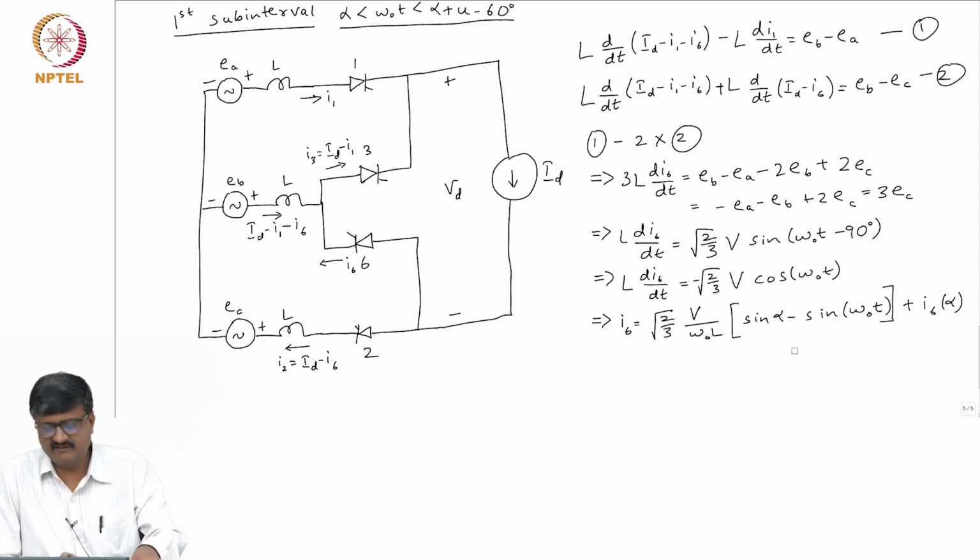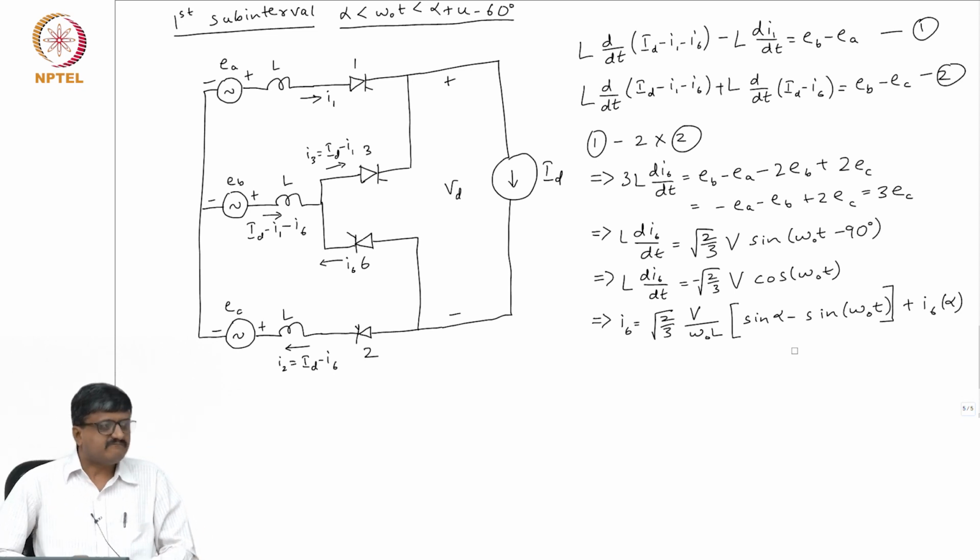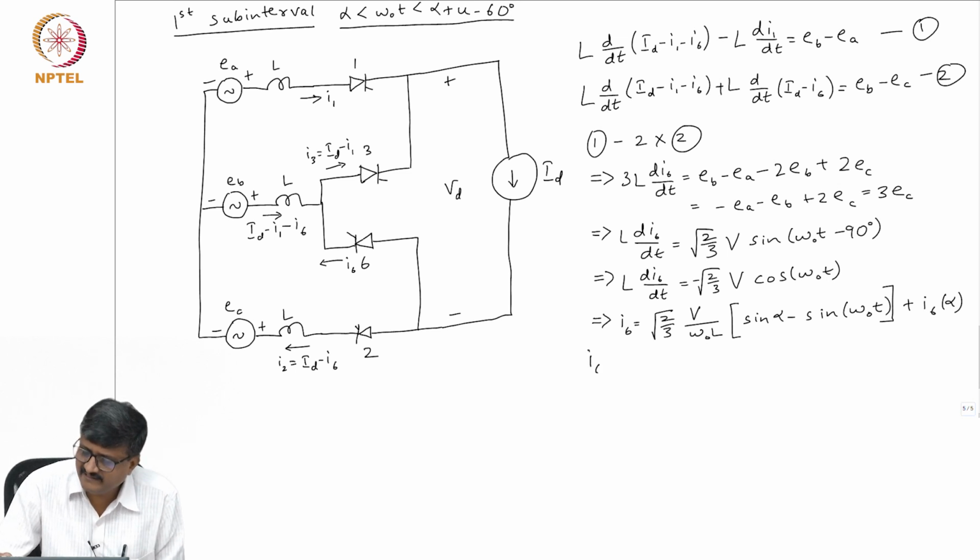I can't leave it like that. I have to write it in terms of other known quantities. We know that I6 will be going to 0 at the end of the first subinterval. So, that means I6 at alpha plus u minus 60 degrees is equal to 0.